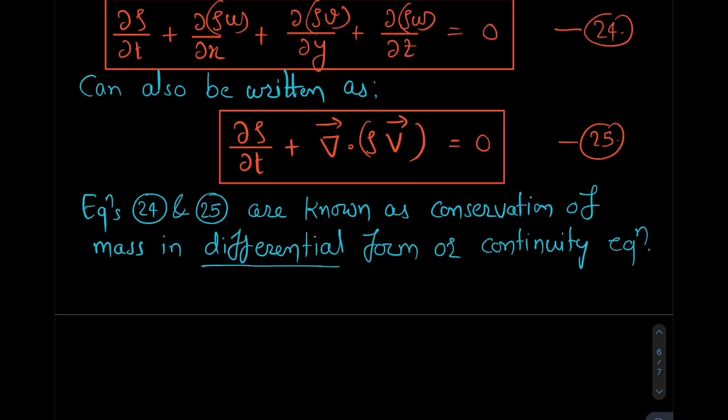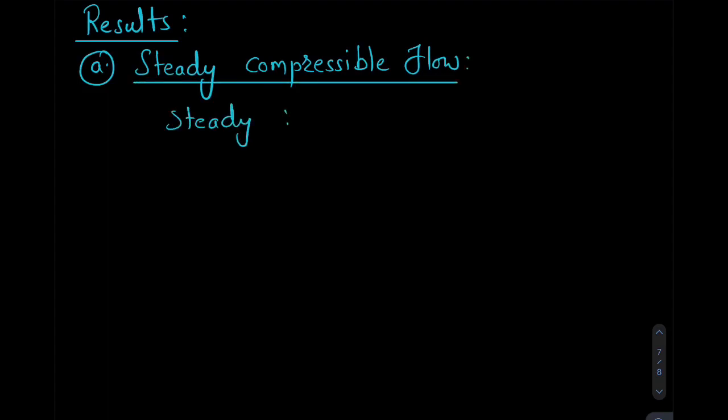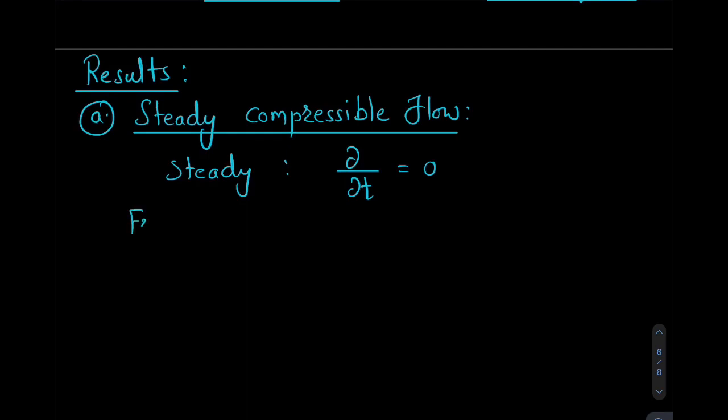So let us now try to deduce some results from them, as we did for the integral form. Let us say case A is steady compressible flow, in which density will vary. Steady here indicates that partial over partial t of any property is going to be 0, because it is constant with respect to time.